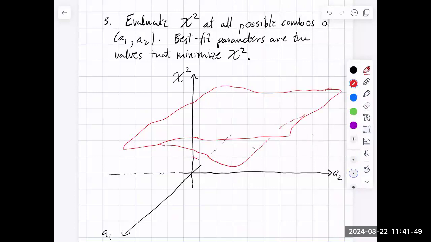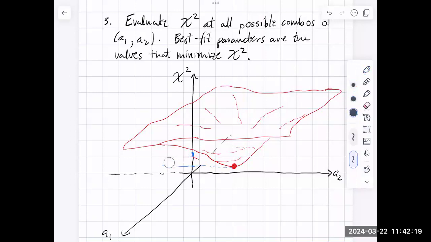Okay, and I'll draw some curvature in here. And so here's some curve. So it's like this little bowl here. And down here somewhere is the minimum possible chi-squared.